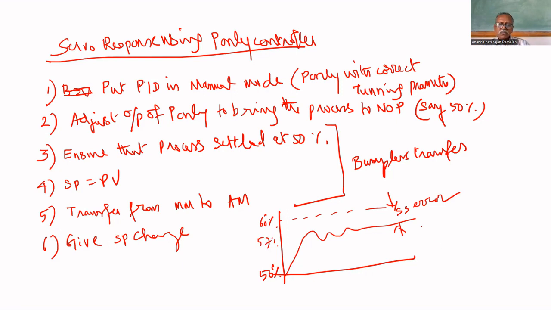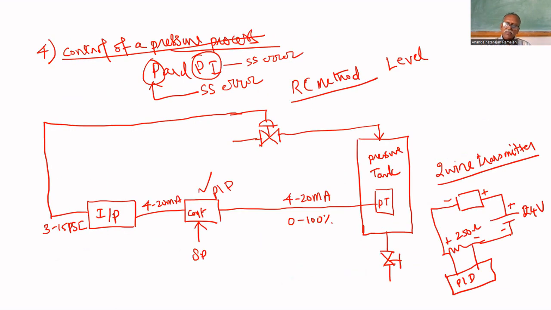there you can give a disturbance to get the regulatory response, or you can bring it again to 50% and give the disturbance. How to give disturbance? You can give it anywhere. Here, we can open this valve more or close it slightly, so that the output resistance is changed.